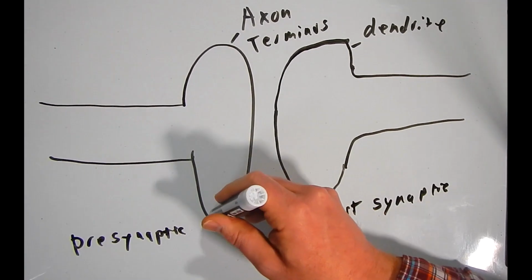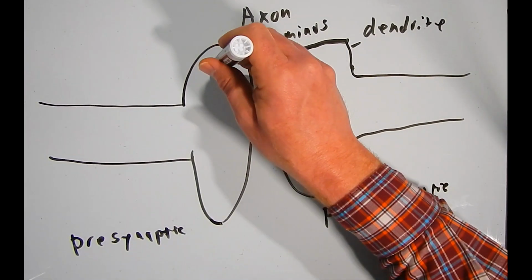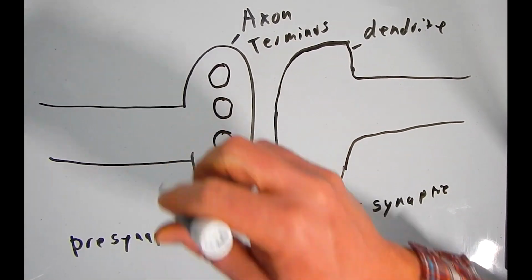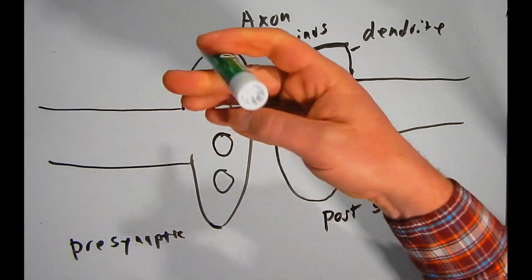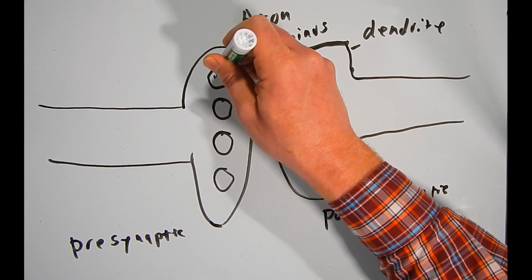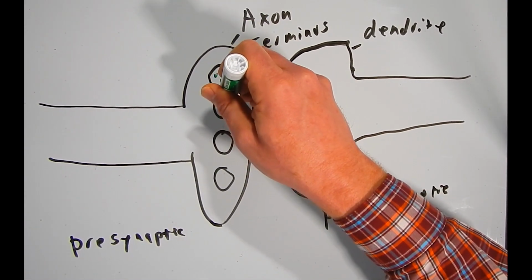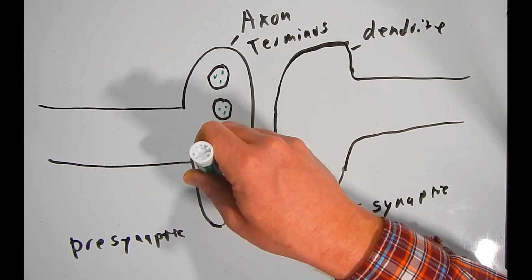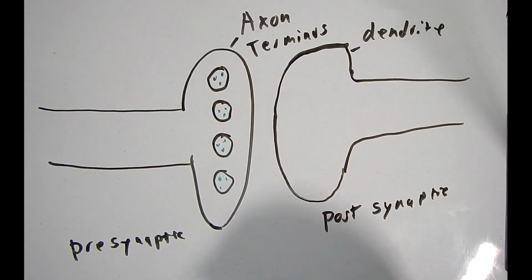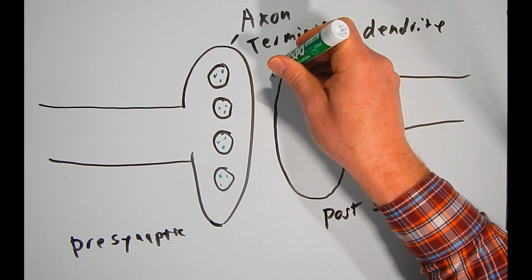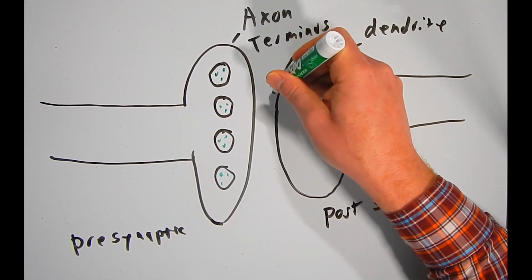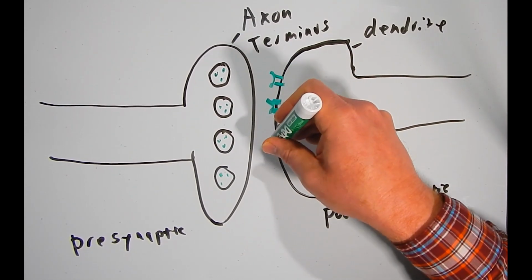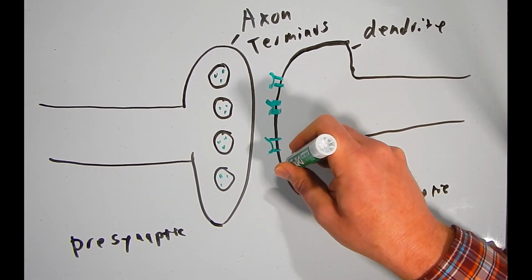At this location, we're going to have several things we want to keep in mind. First of which is going to be secretory vesicles that are holding neurotransmitters. Over on the postsynaptic cell, you'll have receptors for those neurotransmitters.